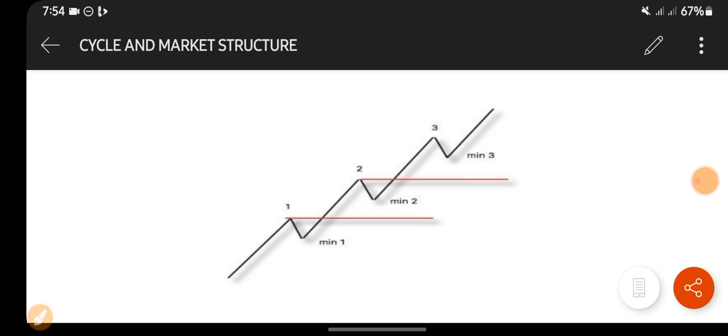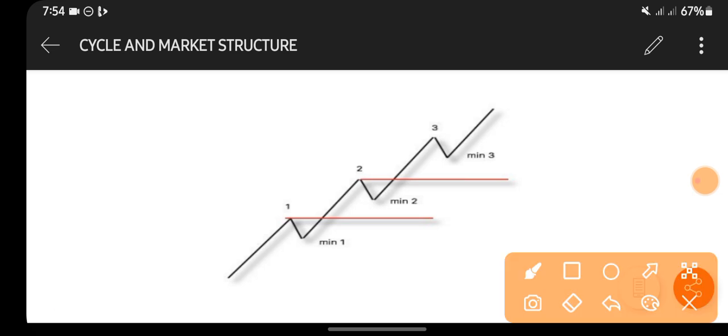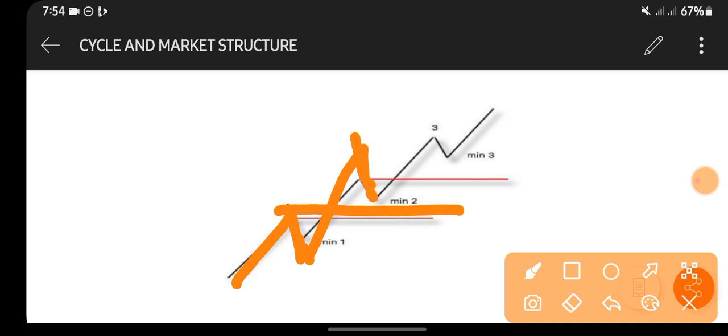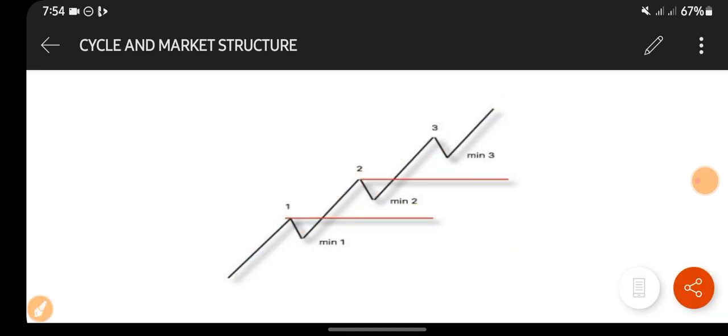So when the trend is stronger, the retracements do not touch the previous highs. You see this one, they do not touch them. Then we talk about medium trends. It's in an uptrend, but it is not strong, and it is not weak too.